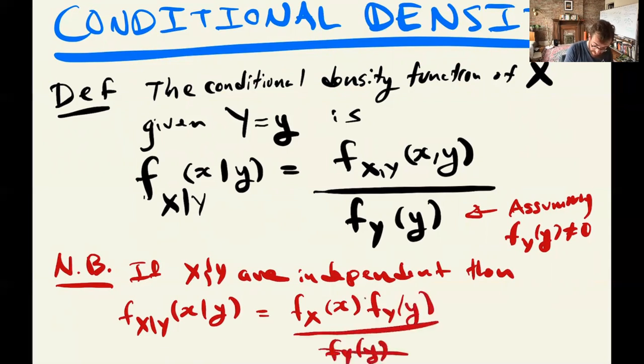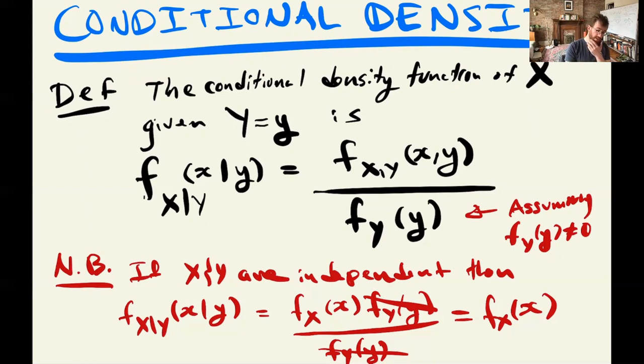So then these cancel, and this ends up being the PDF for x, which again makes sense. If x and y are independent, then knowing y is not going to change the probability density for x. Normally in the discrete setting, we'd say it wouldn't change the probability for x. But again, the miracle of continuous probability is that whenever you think of probability in the discrete case, you can just think of probability density in the continuous case, and things tend to work out.